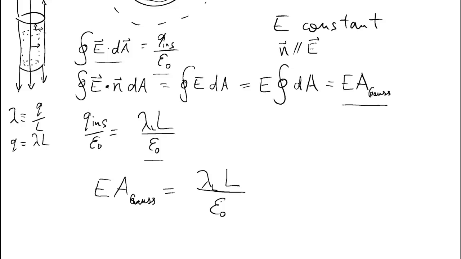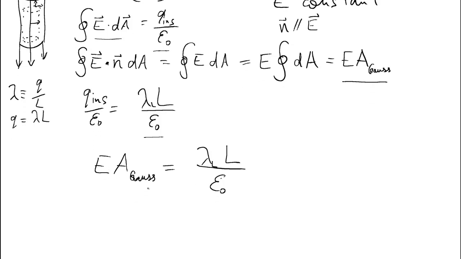And two vectors that are perpendicular, their dot product is 0, so we can completely ignore that part. So the area of the Gaussian that we're interested in is really just the surface here, which we know to be 2 pi r, which is the circumference of a circle, times the length of the cylinder.